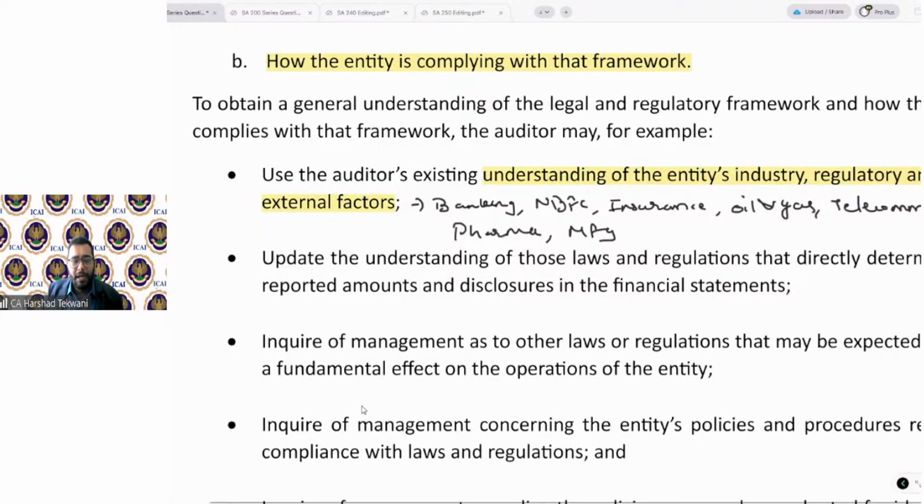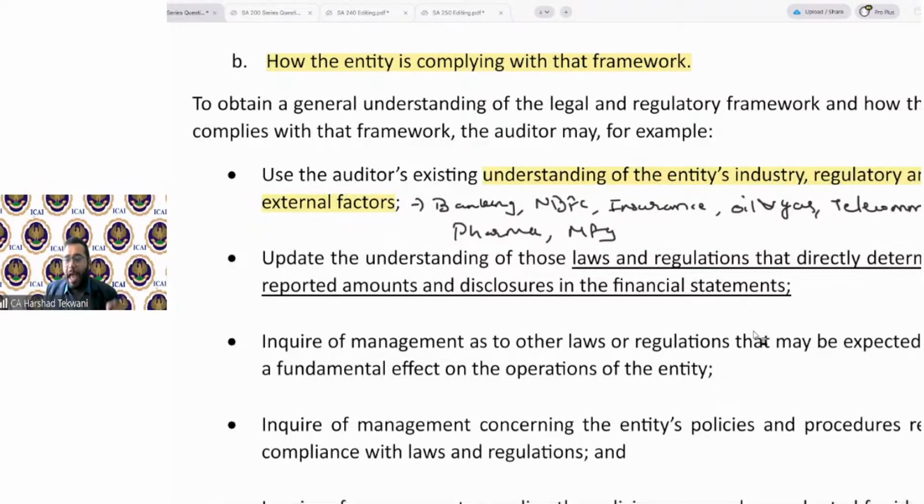Then I need to update the understanding of those laws and regulations that have a direct determination of the reported amounts and disclosures in the financial statements. Means laws and regulations that directly determine the reported amounts.